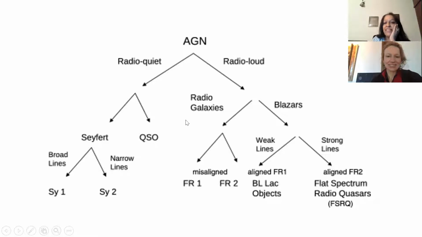The broadest classification is radio quiet and radio loud, meaning what is observable in radio as faint and bright. Then there is a whole category of radio galaxies. And among the radio quiet ones, you have Seyferts, you have QSOs, different kinds of AGN. I'm not going to go into these details, but this was just to give you an idea of what AGN are about.